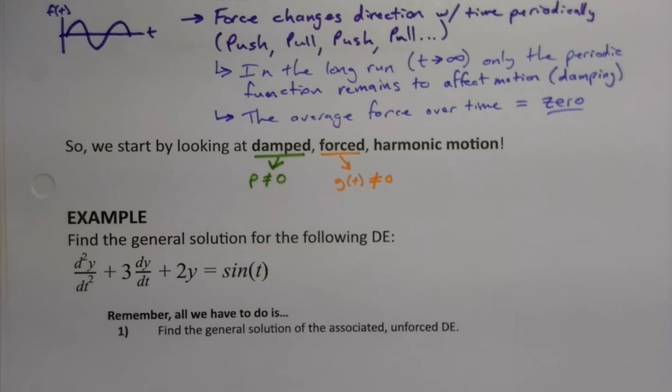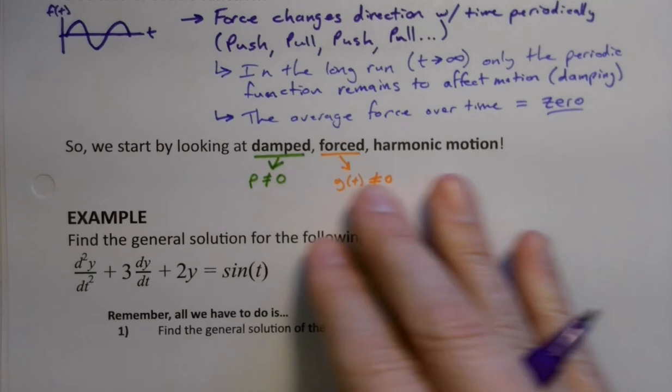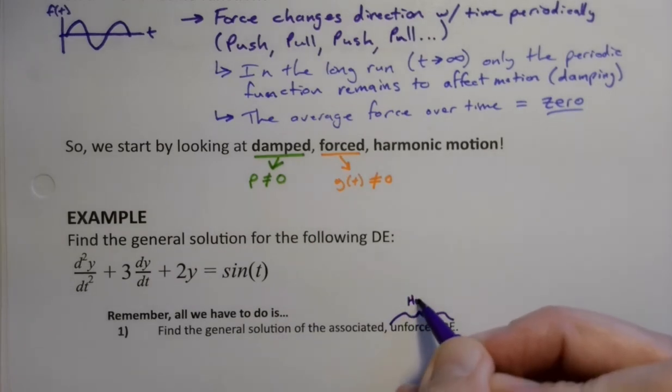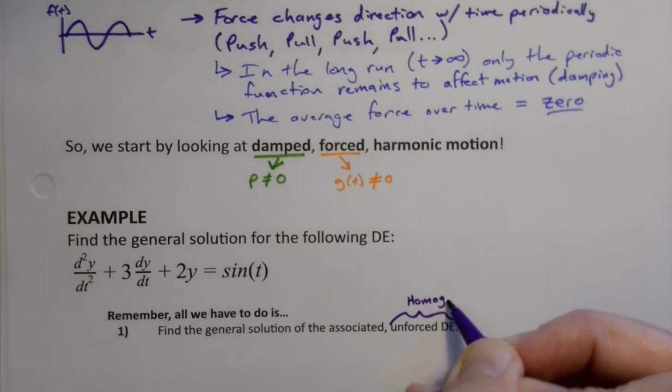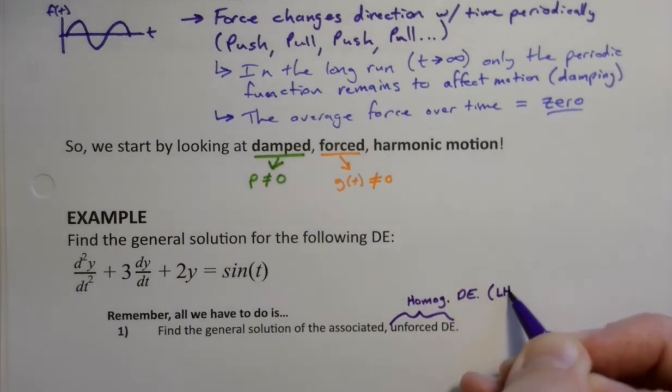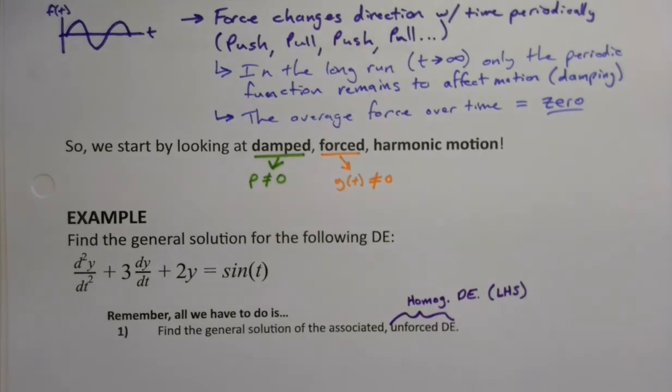And really that unforced DE is our homogeneous differential equation, and that's the left-hand side of the equation. And so the first step in this process, as we spent a lot of time doing in 4.1, is to find our homogeneous portion of the solution.